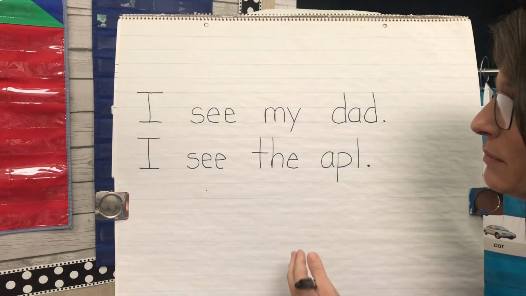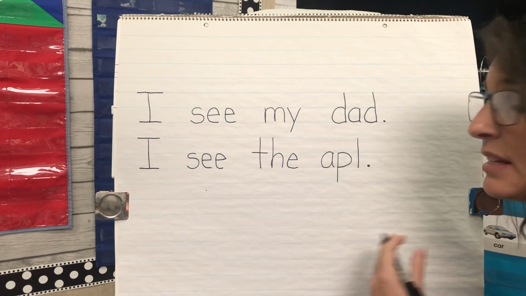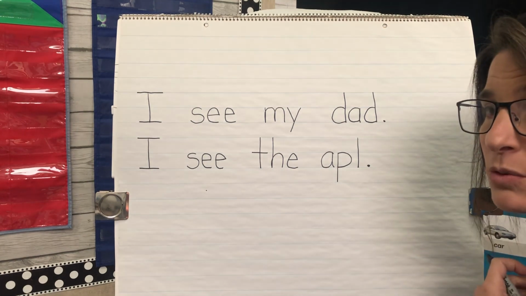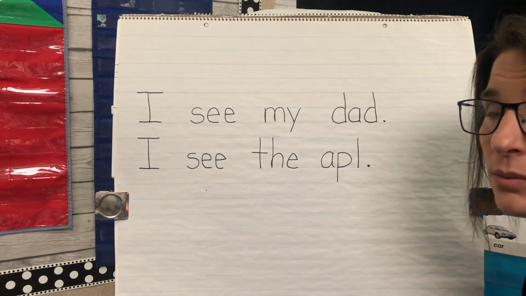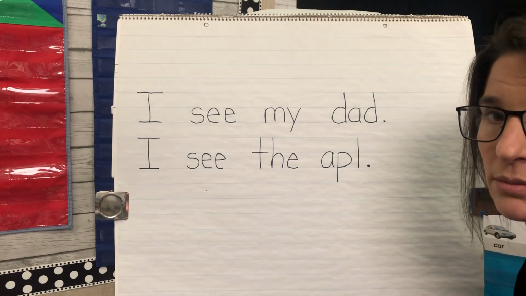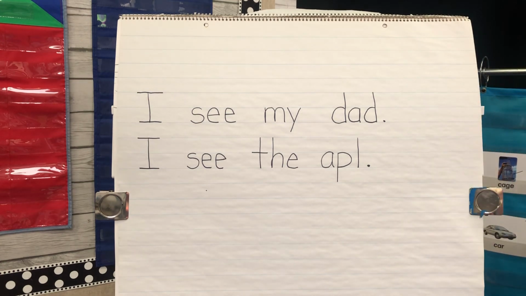So this is called inventive spelling, by the way. When we're doing something like this, that's okay with me because I want them to write what they want to write without worrying about how to spell everything, because they don't know how to spell everything, okay? All right, everyone. That's it.